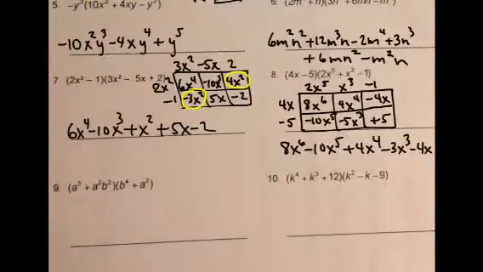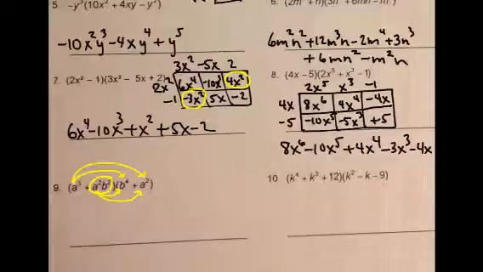For number 9, I'm just going to use the distributive property, so I'm going to multiply this times this, and this times this, and then this times this, and this times this. Notice this is one term. It's not two separate terms.